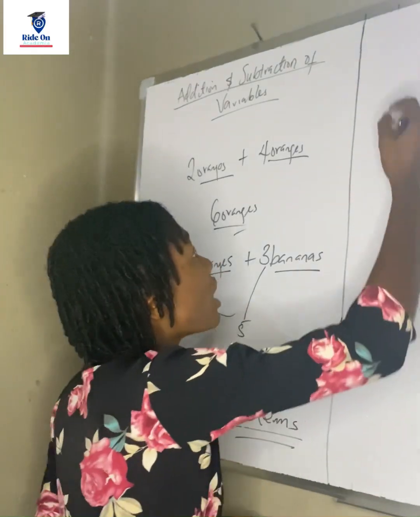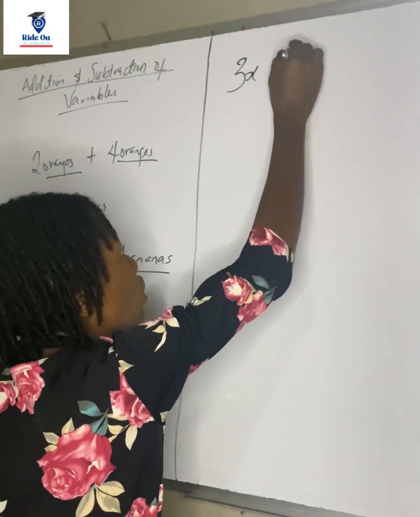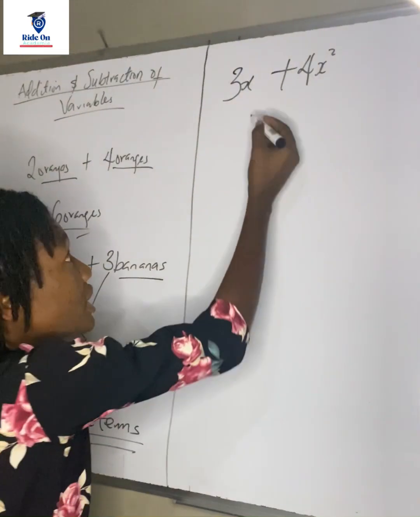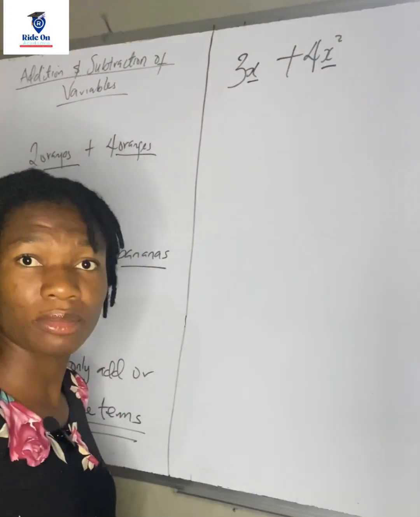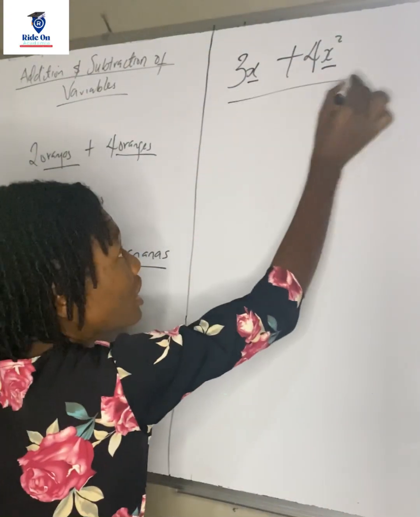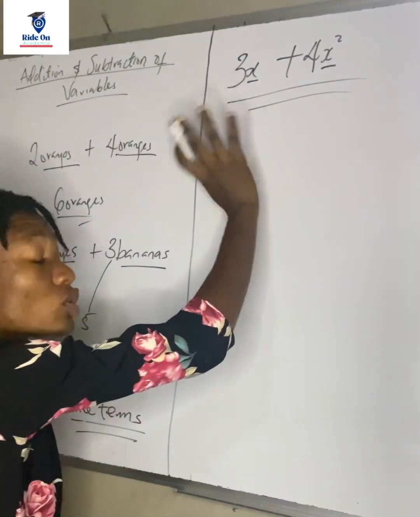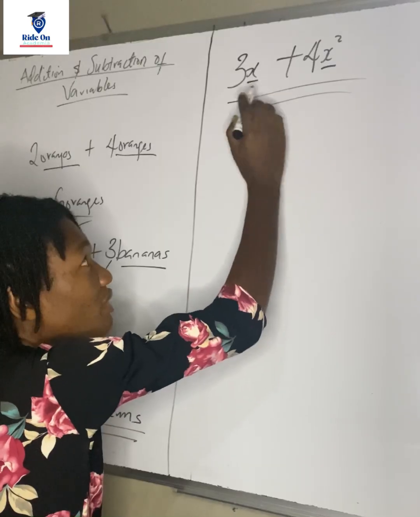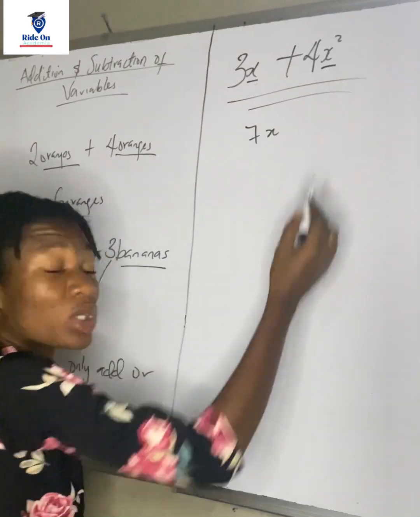For example, if you have 3x plus 4x squared, this is x, this is x squared. The variables here are not the same. So at best, this is where you can stop, except if you want to factorize, because you cannot add them to give you 7x whatever, since here what you have is x, but here what you have is x squared.